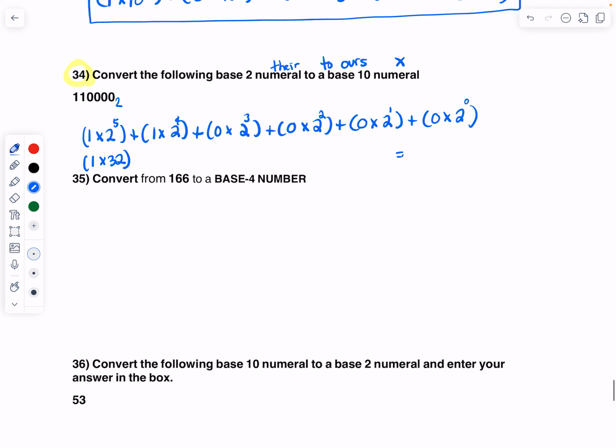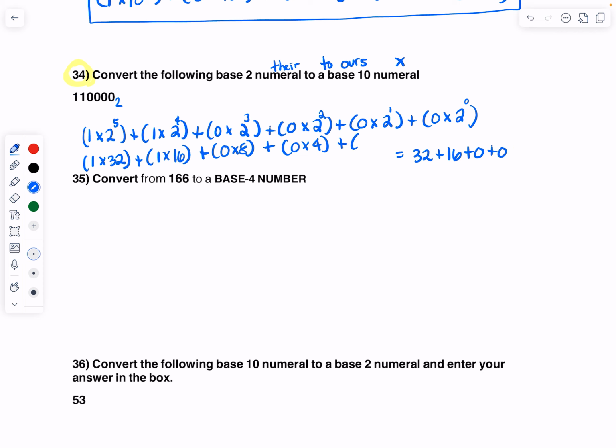1 times 32 is 32 plus 1 times 2 to the fourth is 16. 1 times 16 is 16 plus. This becomes 0 times 8, and anything times 0 is 0. Plus 0 times 2 squared is 4. 0 times 4 is 0.